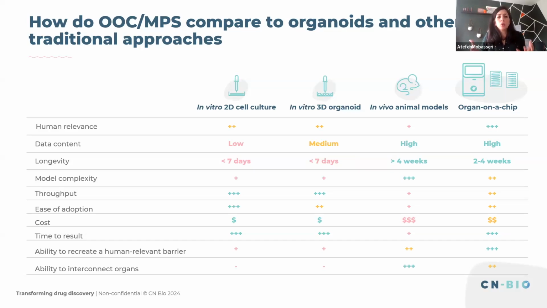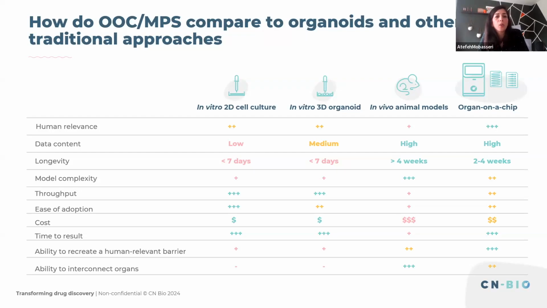So we need to know when and how we can incorporate these models in our research to take advantage of their potential, using the technology and these models at the perfect timing for the research progress. So, for example, 2D and 3D culture is a well-known tool. It is easy to adopt. The human relevancy is moderate, and also the throughput is high.